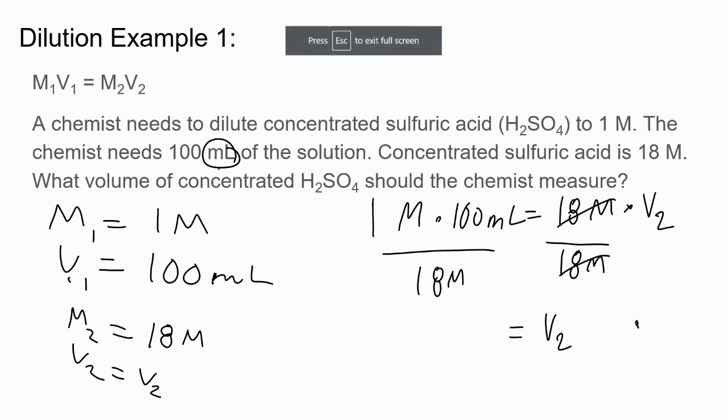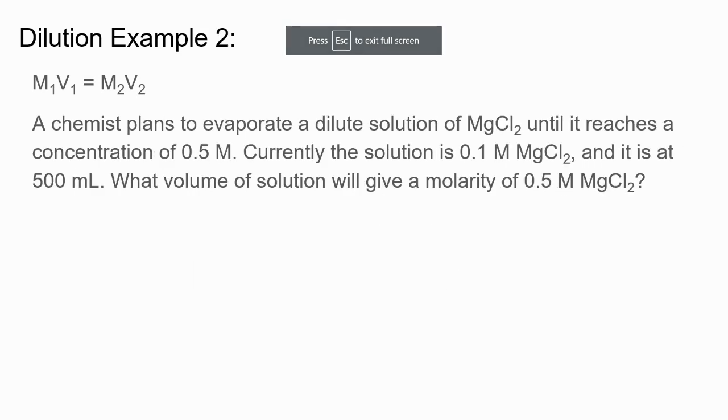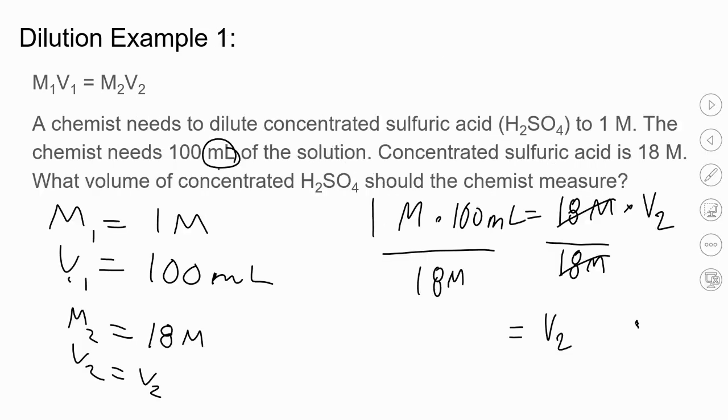Molarity on the top, molarity on the bottom. And then we end up with milliliters. So 100 divided by 18, what did you get? 5.55. Okay. Let's round to 5.6.